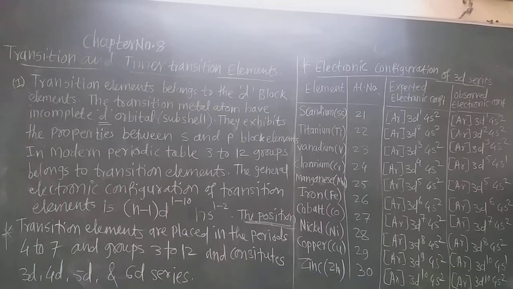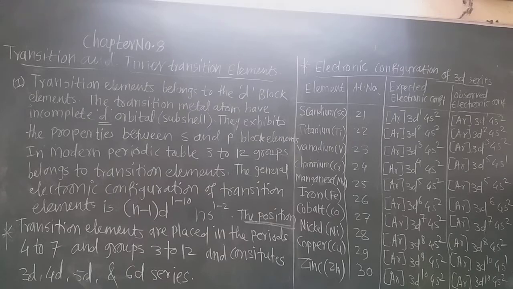D block elements are the elements in which the last incoming electron always goes into the D orbital. But transition elements are those elements in which the D orbital is always incomplete.